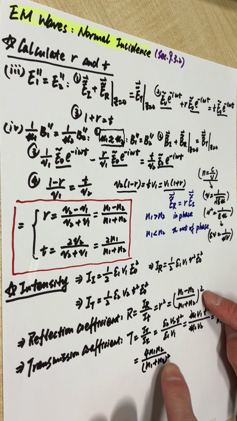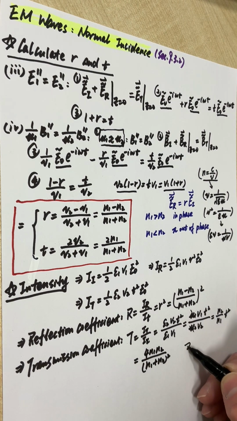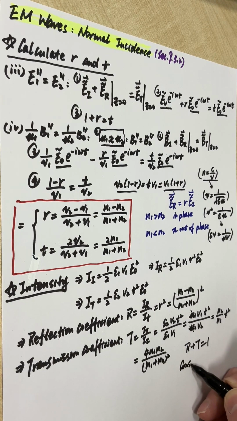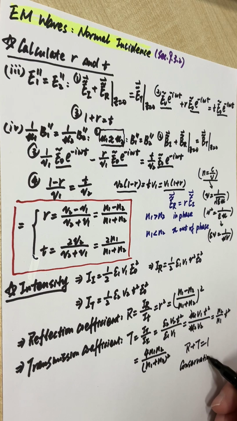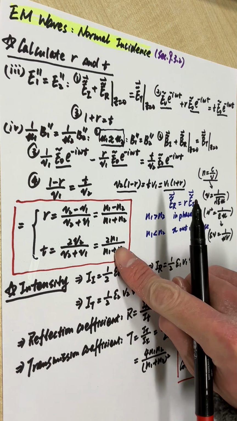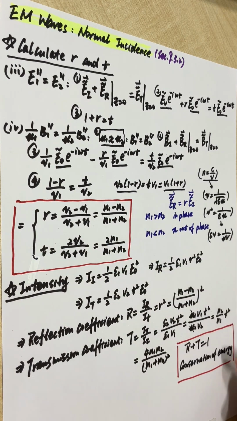If you add these two together, it's very obvious that you have R plus T equals 1. Conservation of energy. So this also confirms that R and T here are correct. Otherwise, we wouldn't have conservation of energy.